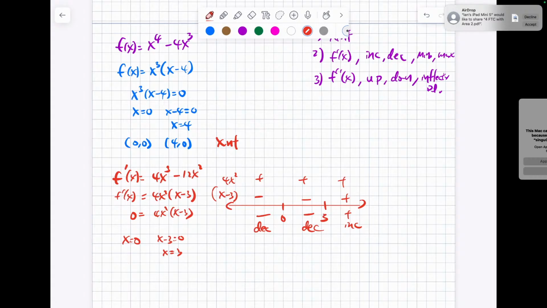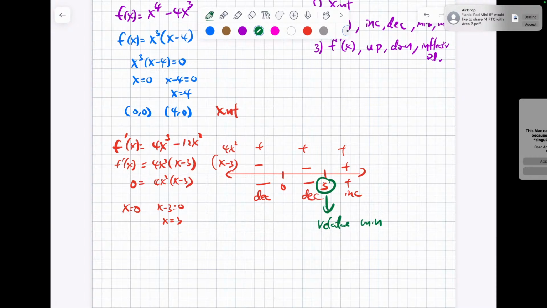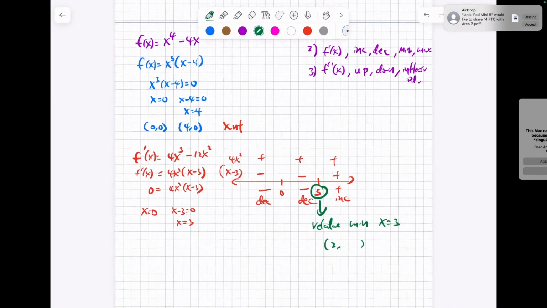Can you find out what happens at 3? Well, 3 is a relative what? Can I find the coordinate of the relative minimum? So x equals 3, so it's going to be 3 comma something. That means I'm going to plug 3 into the original function.